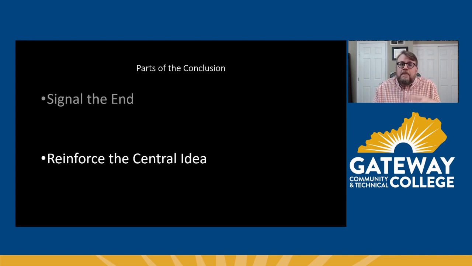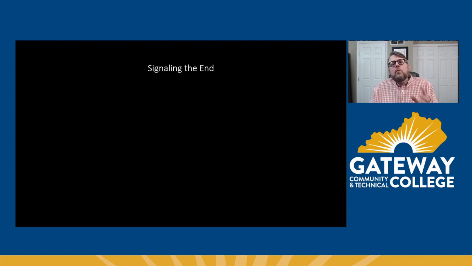And the second part is you want to have a part that reinforces the central idea. It kind of really drives home that message that you were trying to give them in a big, overarching way over the course of the body of the speech. Now, how do we do each of these individually? Well, let's start with the first part, signaling the end.